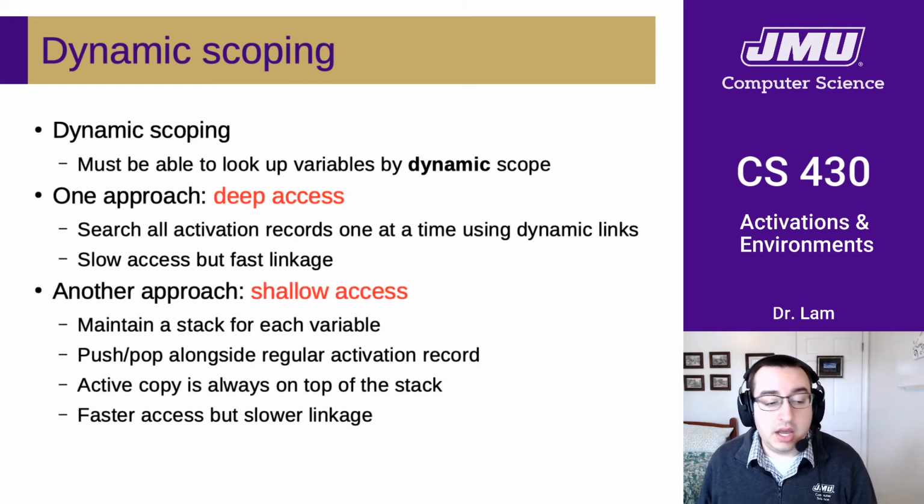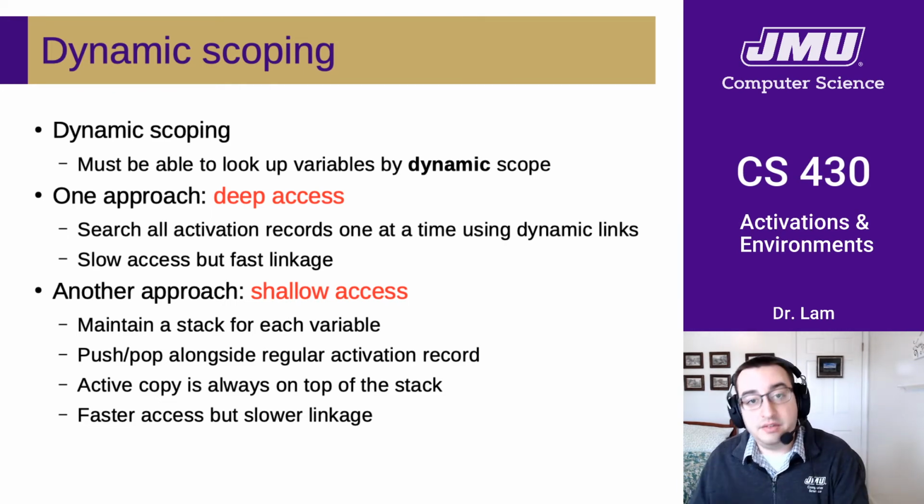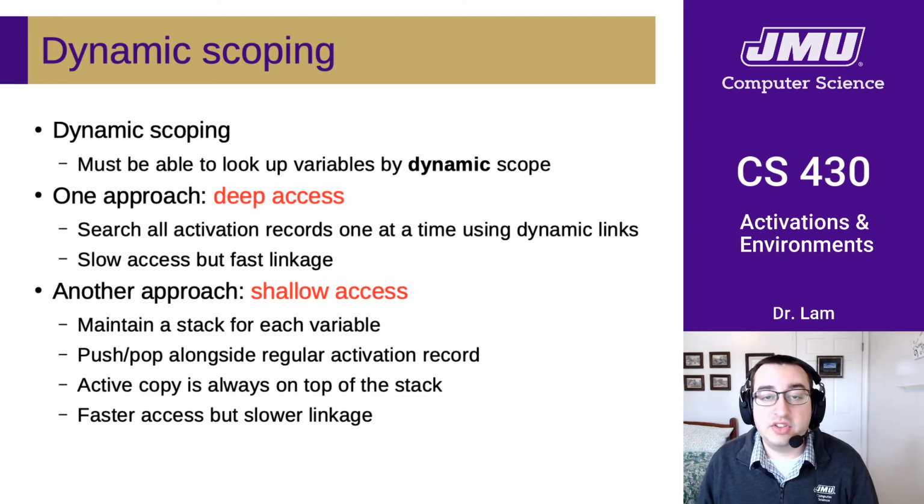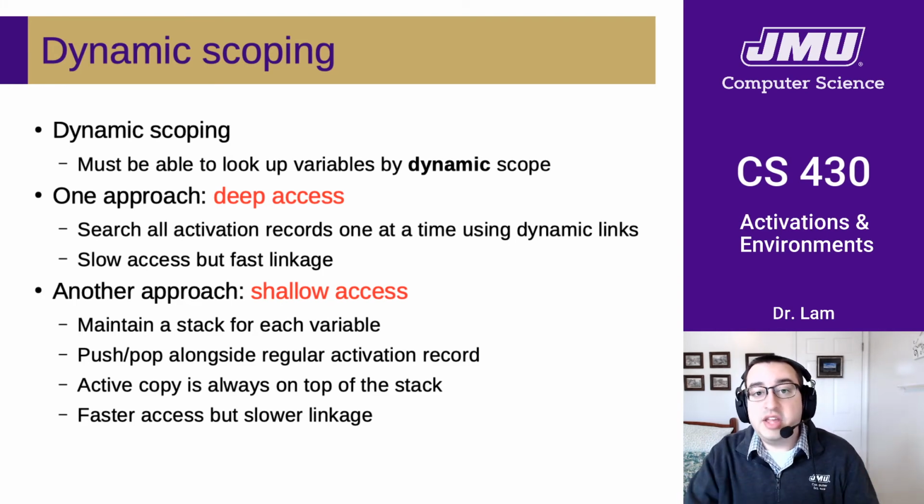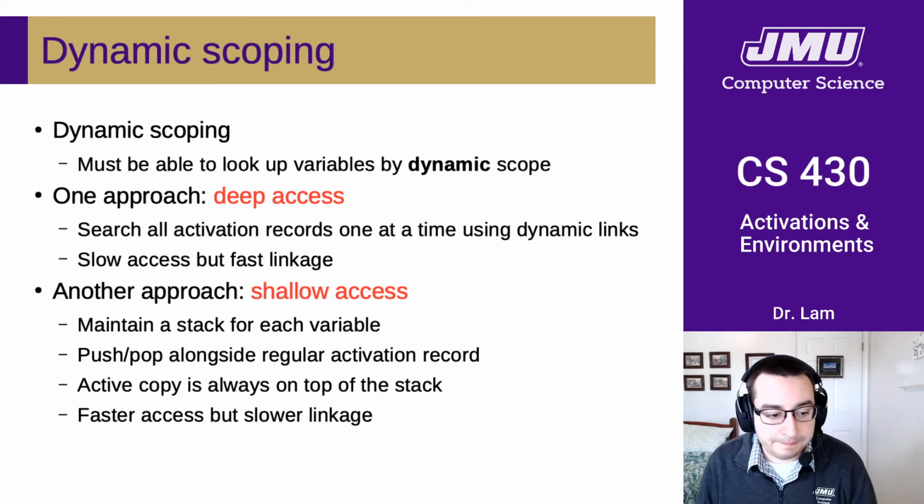Another approach is something called shallow access, where you maintain a stack for every variable name, and you push and pop the different variables onto those stacks alongside the regular activation record. So rather than just having one system stack, you basically have a single stack for every variable as well as the system stack.